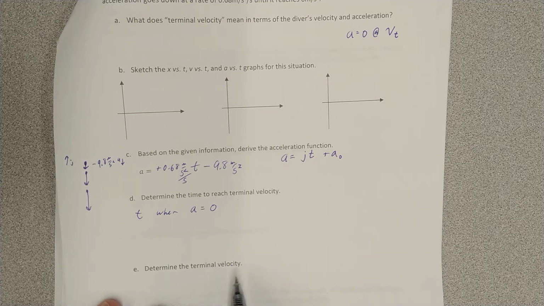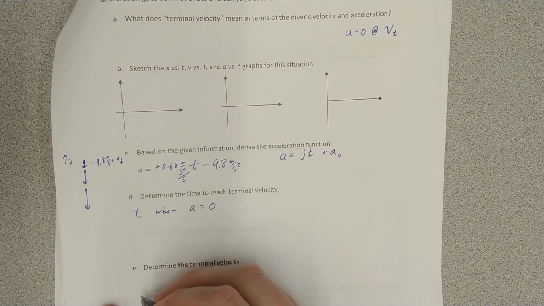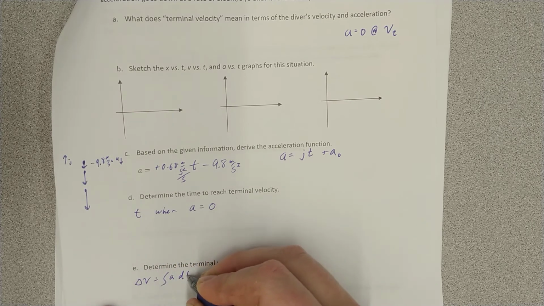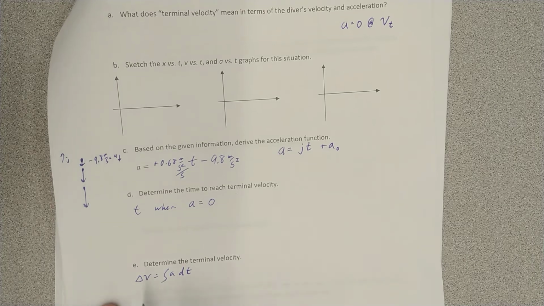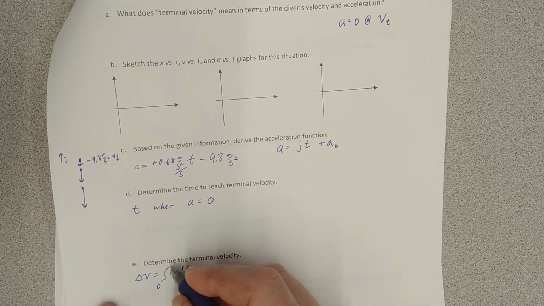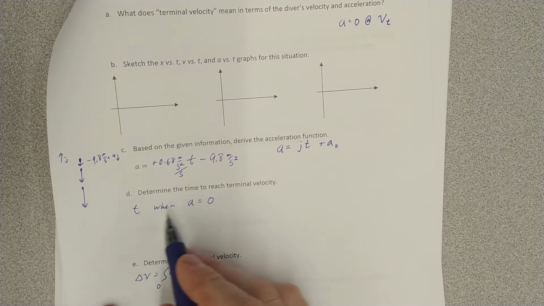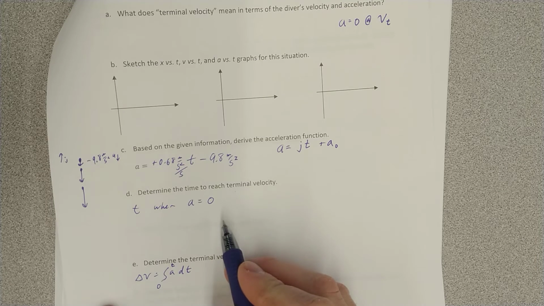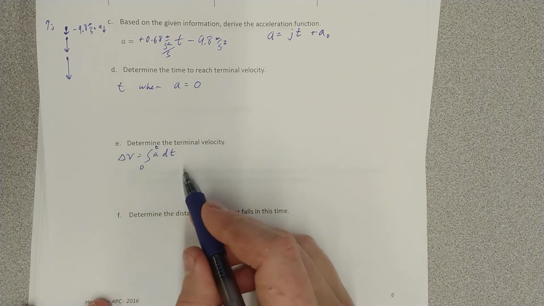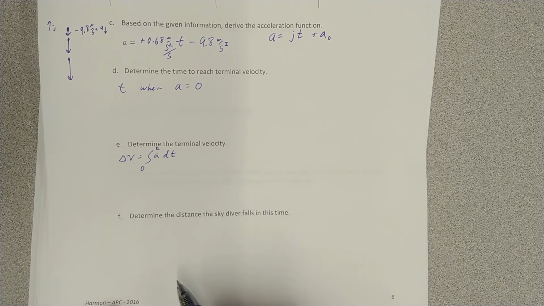Determine the terminal velocity. Well, once you get the time here, change in velocity equals the integral of acceleration with respect to time, right? So the time you're going to use from 0 to t is the time you calculate here. It's going to take this long to get to acceleration equals 0. So put that in as the upper bound of our integral. We solve for the change of velocity, starting from rest, and find the final velocity.